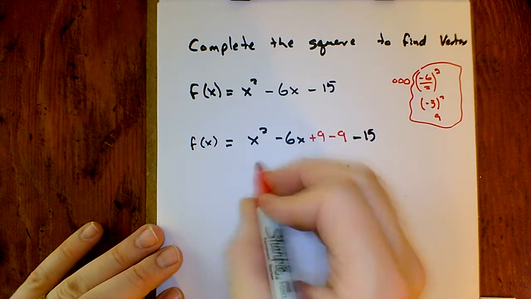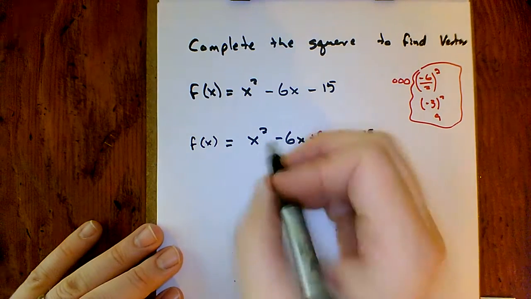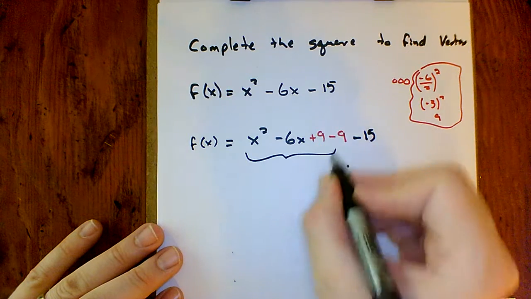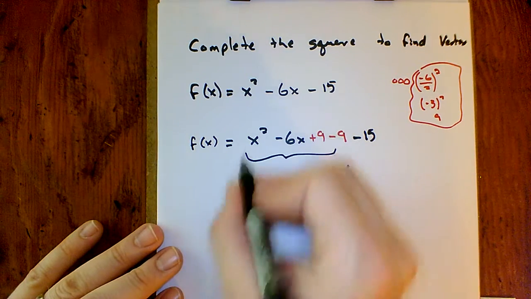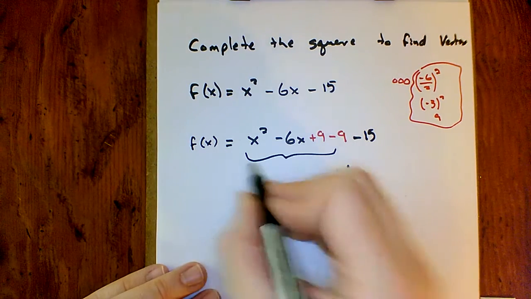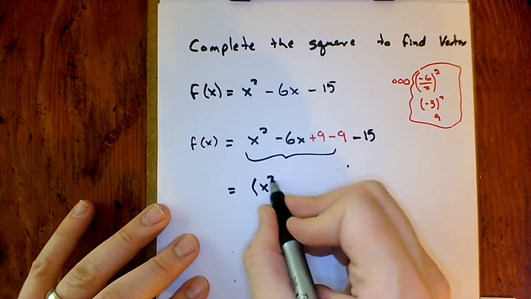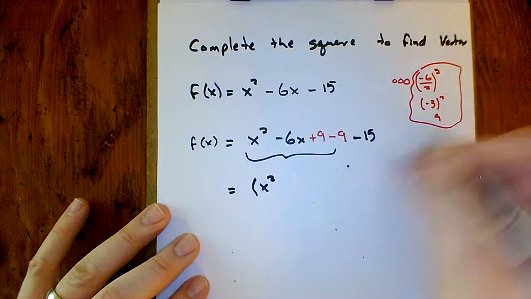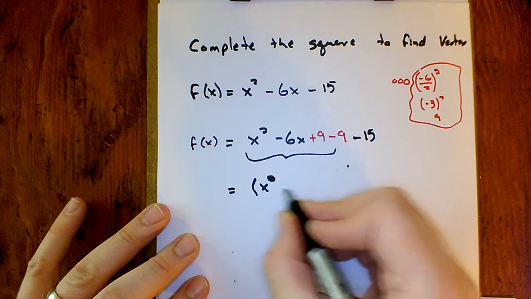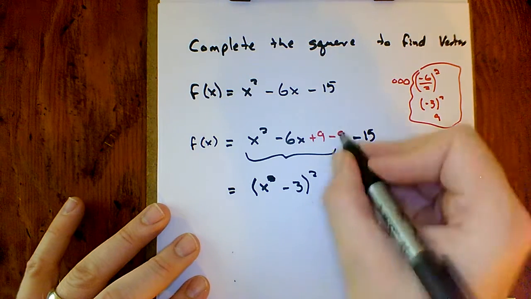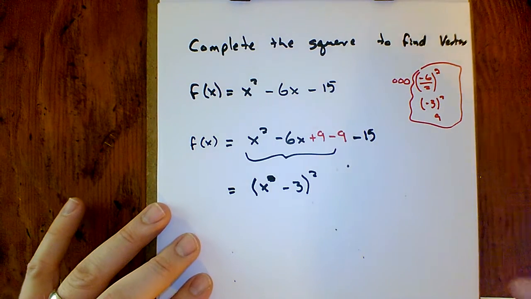But what I can do now is factor these, because now I have made a perfect square trinomial. This is just going to turn into (x minus 3) squared, and now I can go ahead and combine these other two terms.